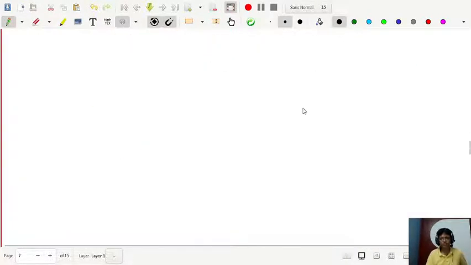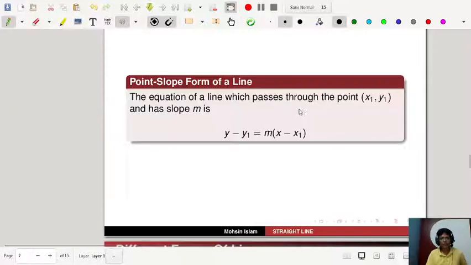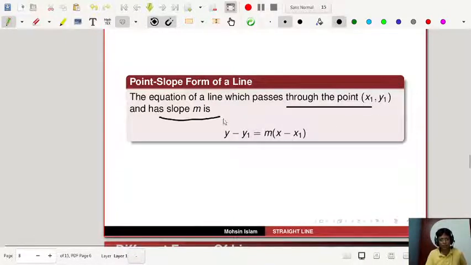Next, another form, that is called point slope form of a line. If a line passes through the point x1, y1 and has slope m, then the line can be written as y minus y1 equal to m into x minus x1.